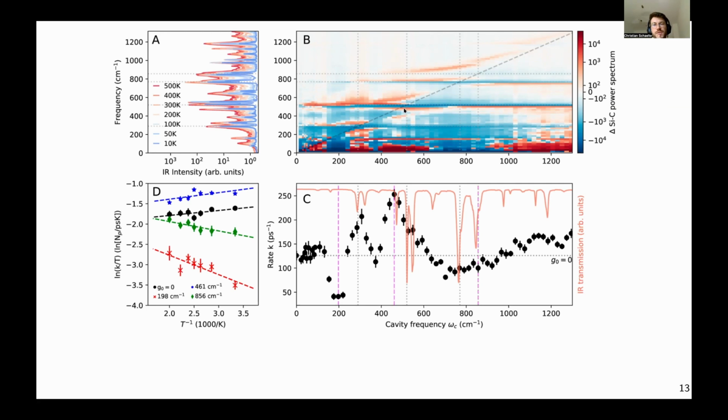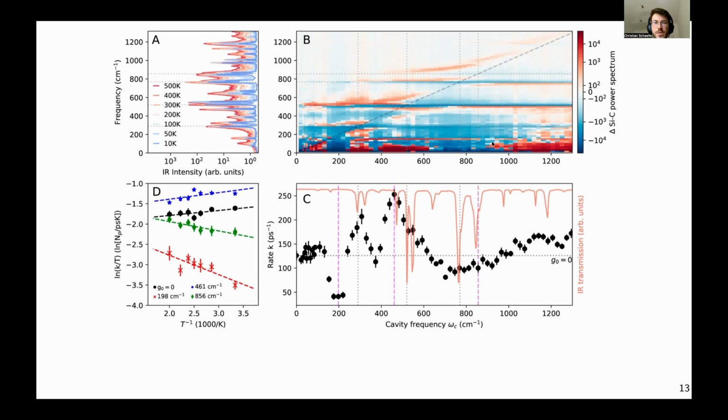And it will shift this silicon carbon intensity to the hybrid, the polaritonic states in the vicinity. So you see those nice avoided crossings appearing here, where, because there are different contributions of the silicon carbon bond, they differ in intensity.